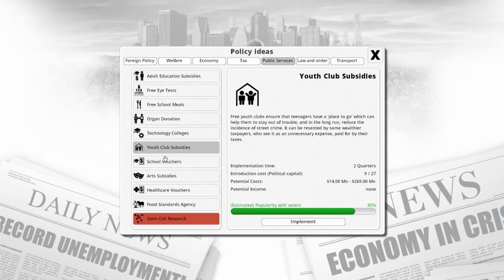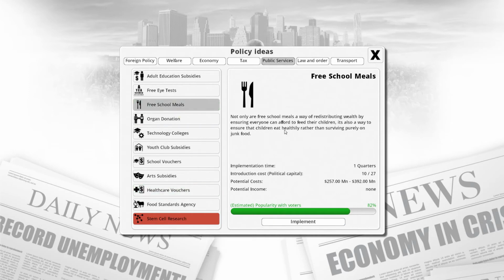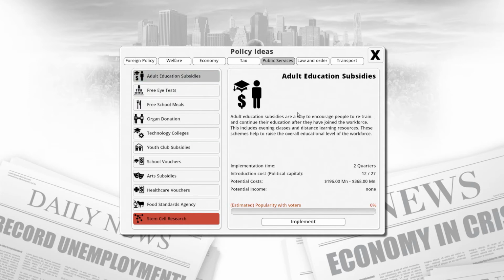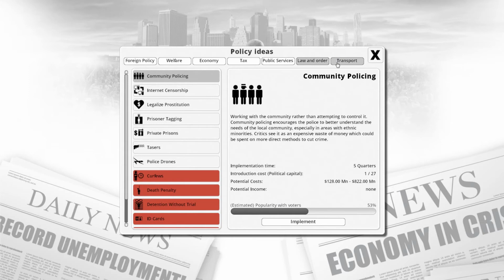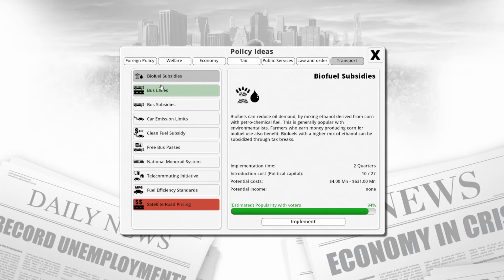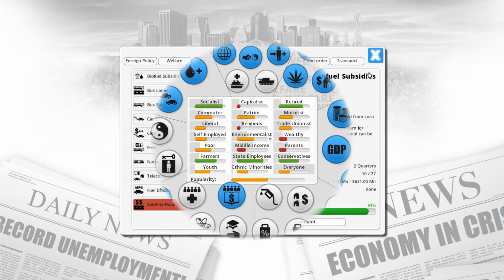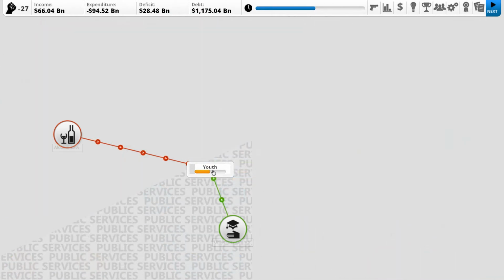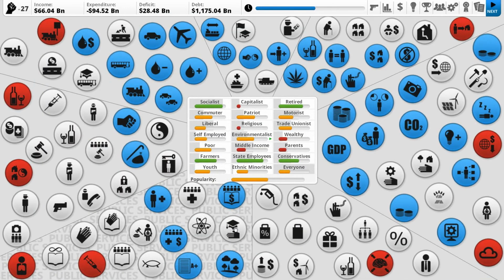School vouchers? No. Youth club subsidies? Reduces crime. Free school meals? Was that it? I thought there was a direct, like, school one. Yeah, there must be.